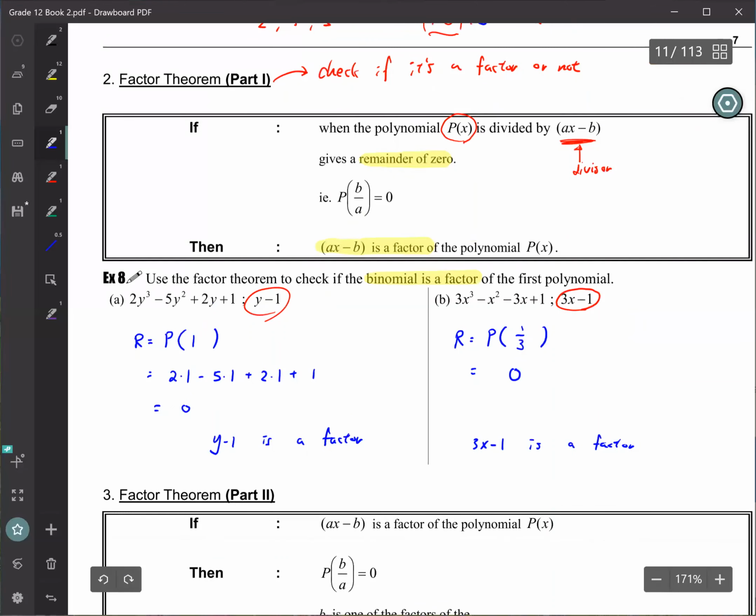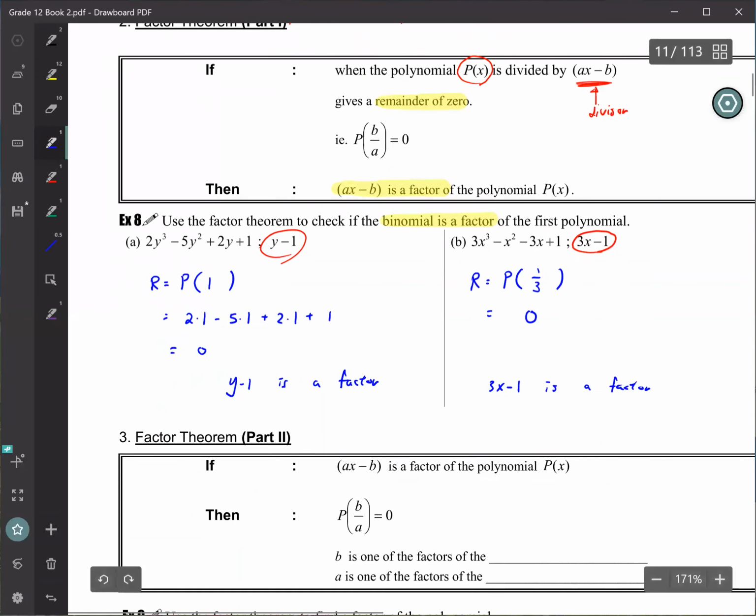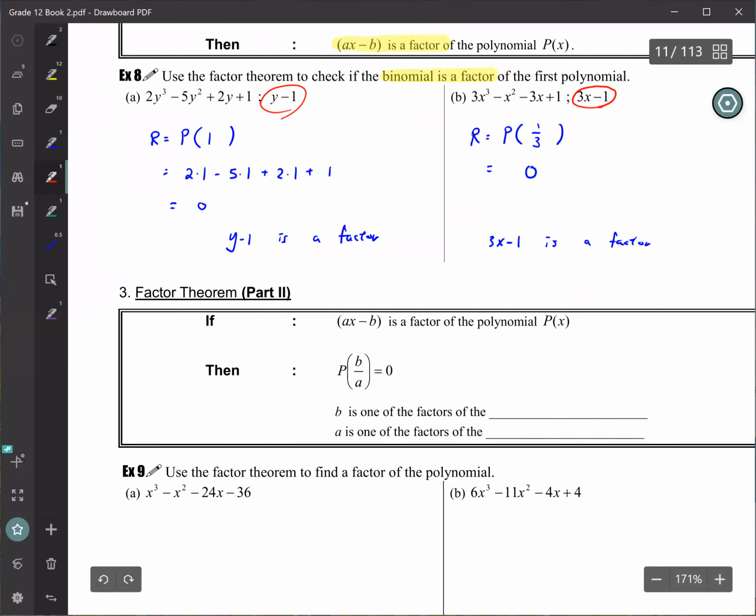Just checking if it's a factor or not is not very useful, right? We need to know what number to check. So the second part is to help us, let's write that down, to find one of the factors.